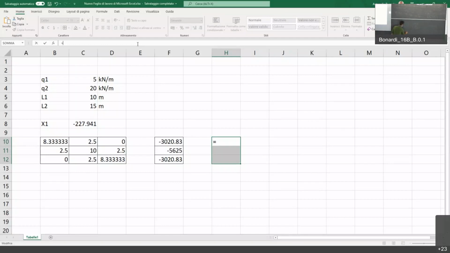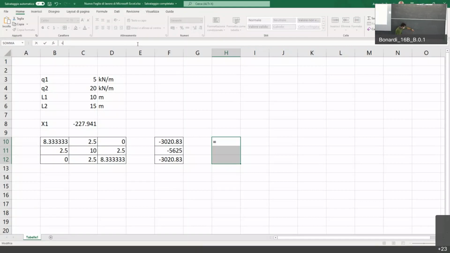Equal to B. If it was an algebraic system, and it is, the solution is very simple. We just multiply this term and this term times the inverse of this stuff. Okay? So this is the solution.